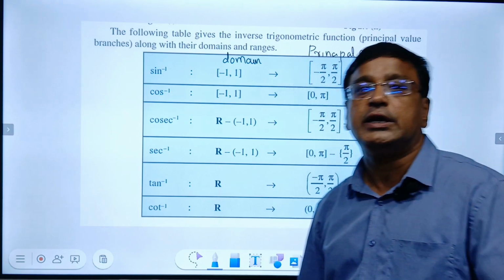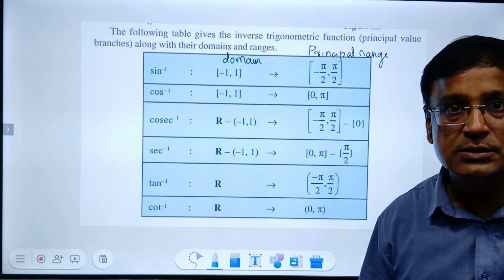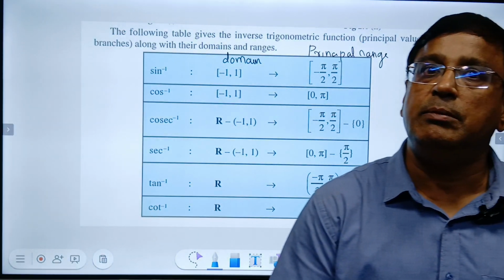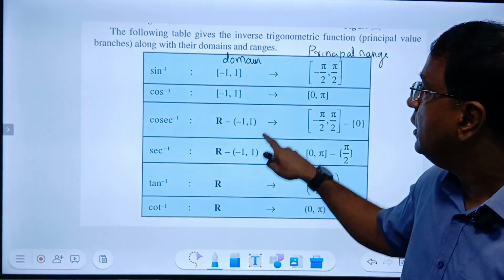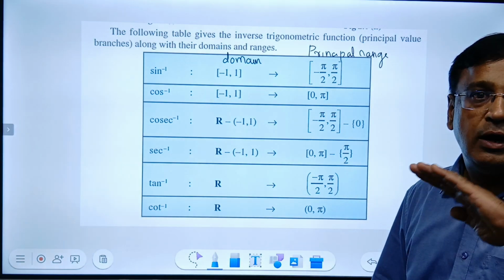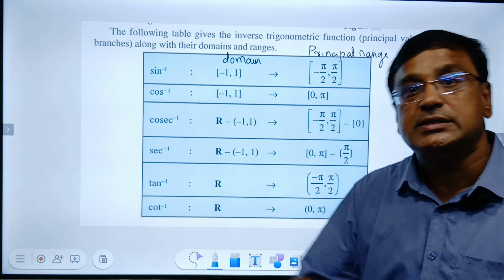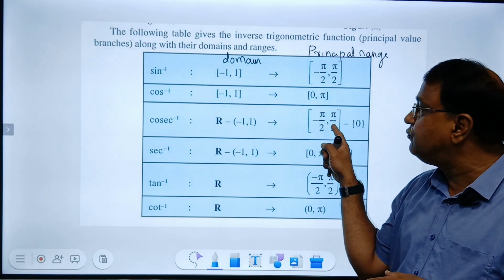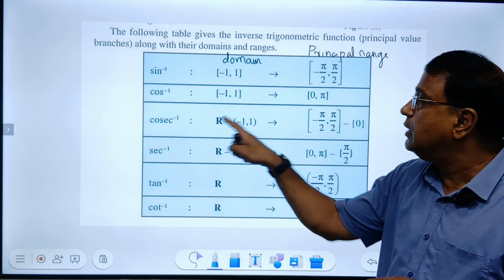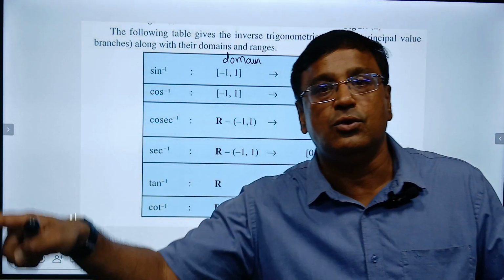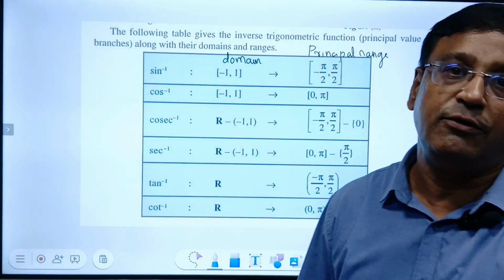I have told you cosecant takes all real numbers except minus 1 to 1. If it takes minus 1 to 1, then sine will be more than 1. So that is why open interval minus 1 to 1 is removed. For cosecant, all real numbers except values between minus 1 and plus 1. And as I saw in the graph very clearly, the range is minus pi by 2 to pi by 2 excluding 0. You know why? Because cosecant 0 is not defined.